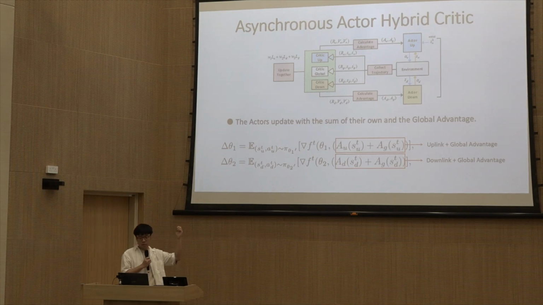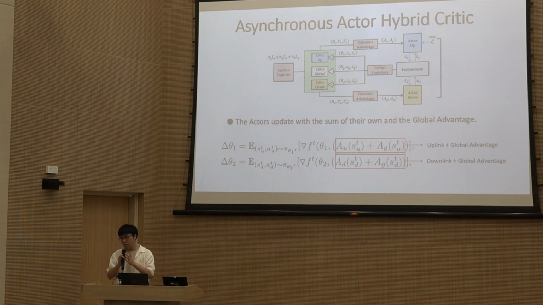The basic idea is to use the sum of their own advantage plus the global advantage to update each of them. We feed the global advantage to both agents as we want them to have a global view of the whole system, but we don't want them to be too much influenced by the extra, redundant information from the other agent.